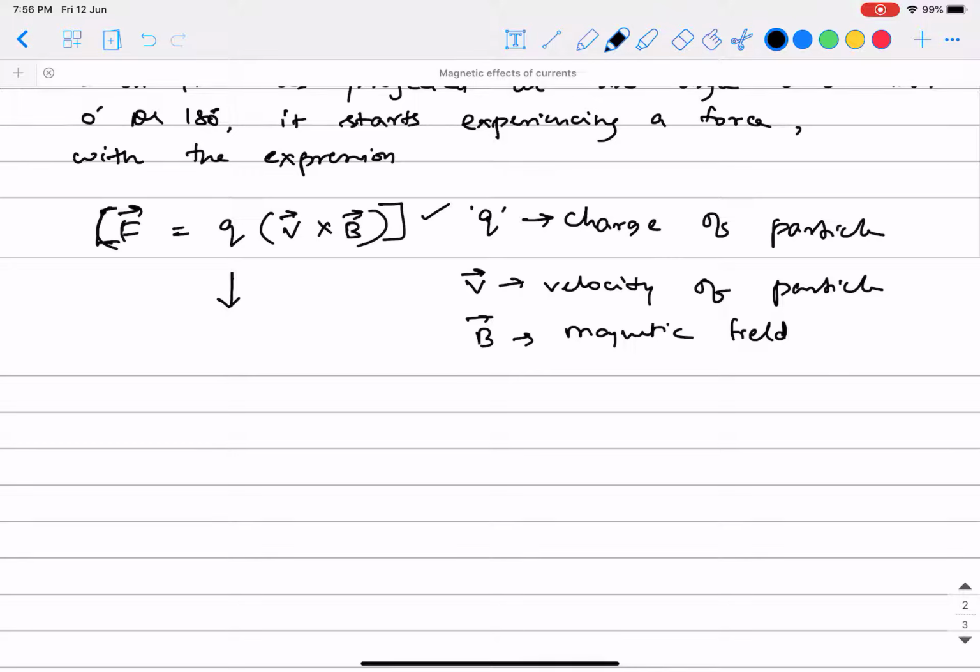What if the charged particle was projected into a combined magnetic and electric field?